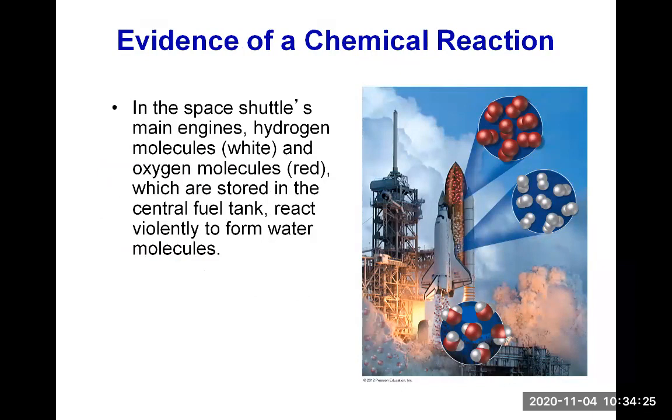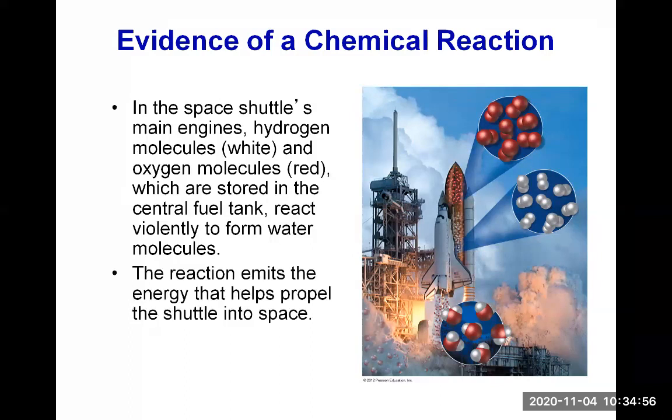Then you have the oxygen molecules represented with the red molecules here, two oxygen atoms bonded together. First they are separated, and then when you are launching the shuttle, they are put together and there is a spark to initiate the reaction, and that hydrogen and oxygen react violently together to form water molecules.